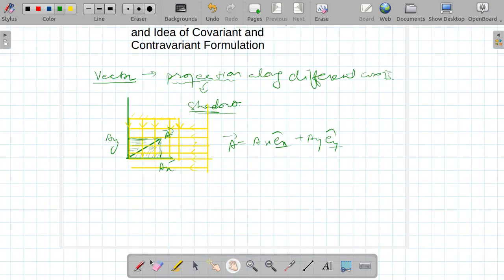Let us consider another case. If some object is somewhere here, then different possibilities are there.